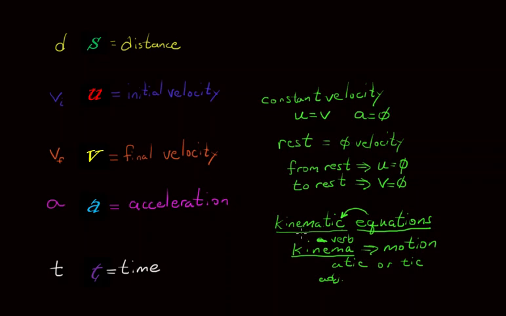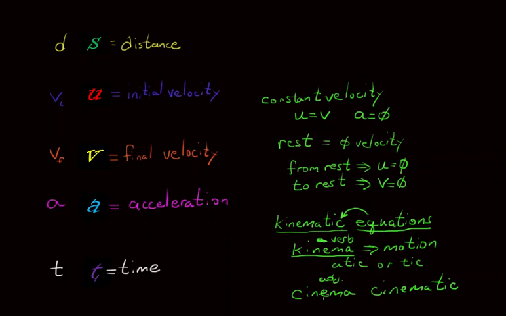As a matter of fact, there's another word that comes from exactly the same root, kinema, and has the -atic at the end. It means motion, but we pronounce it completely differently, and that's cinema or cinematic, the old term for movies.